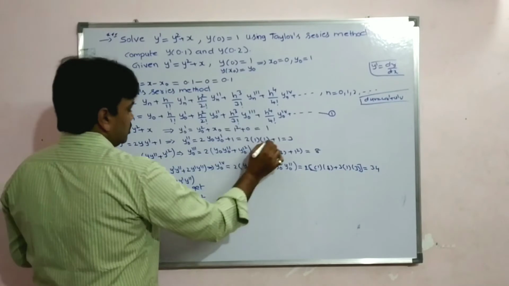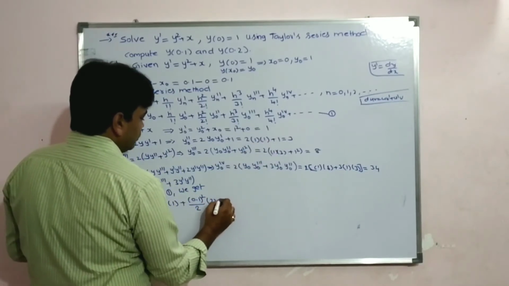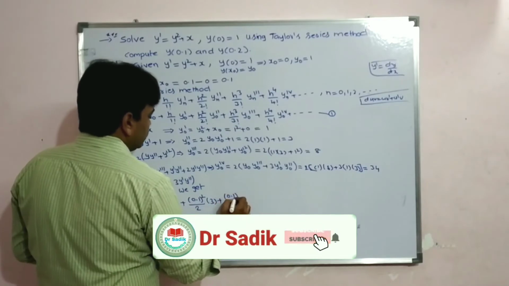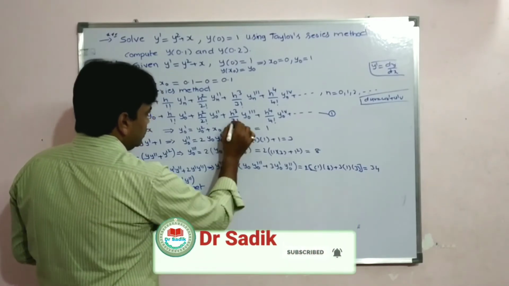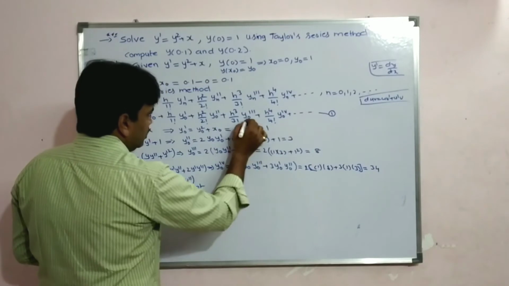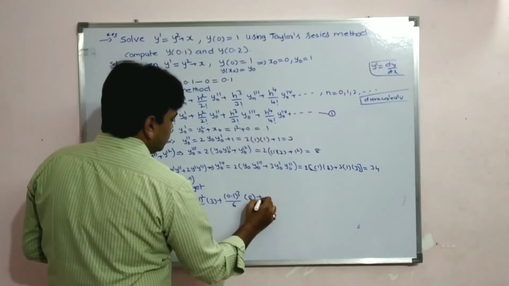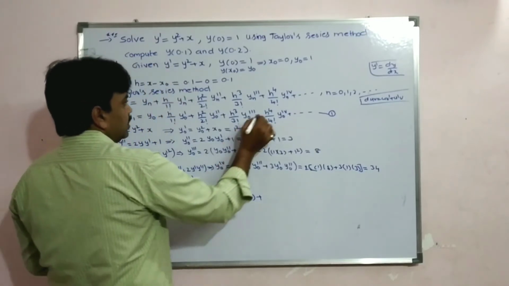Y naught double dash, students, into 3 plus h cube, students. So 0.1 whole cube by 3 factorial. 3 factorial means 6. Y naught triple dash is 8, students. 8 plus h power 4.